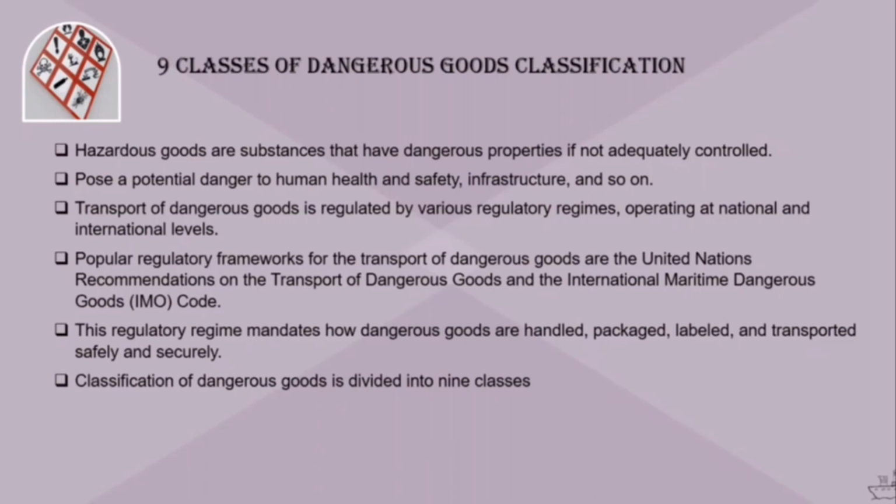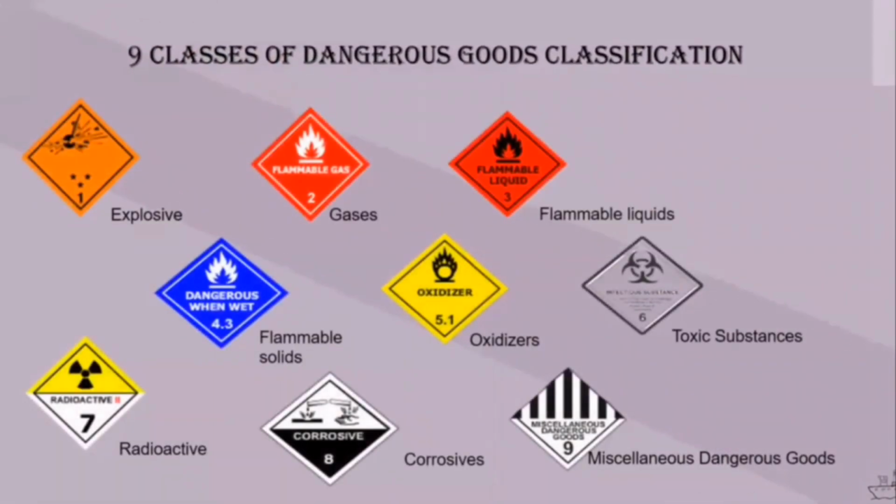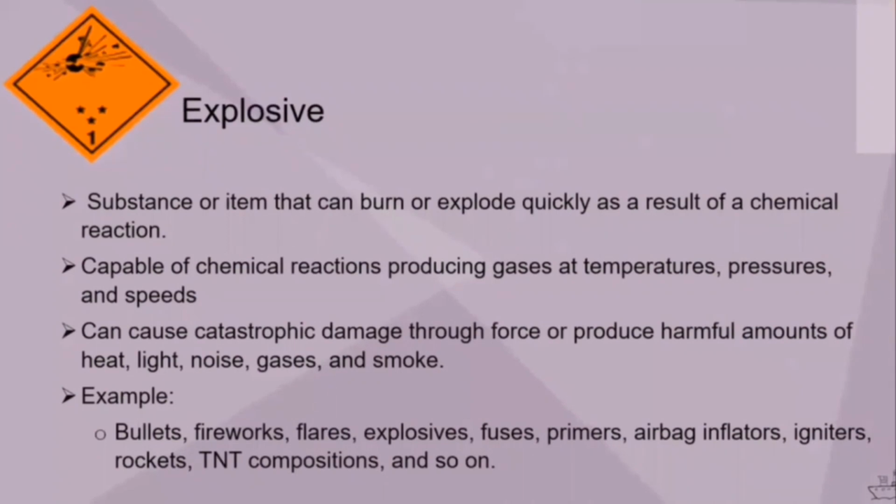Classification of dangerous goods is divided into 9 classes: the first one is explosive, second is gas, flammable liquids, and flammable solids, oxidizers, toxic substance, radioactive, corrosive, and miscellaneous dangerous goods.